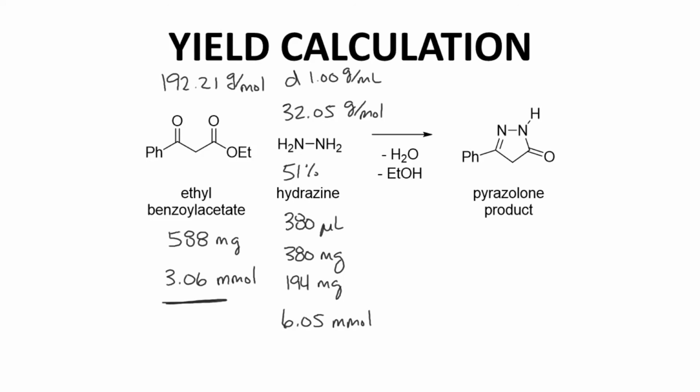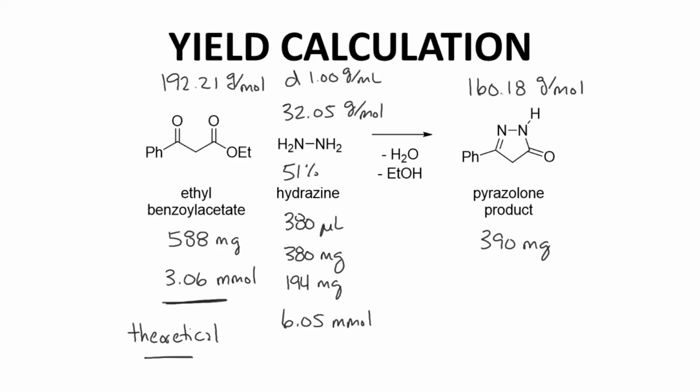The number of millimoles of ethyl benzoyl acetate is our theoretical yield. What is our actual yield? Well, we got 390 milligrams of product. The molecular weight of the product is 160.18 grams per mole.